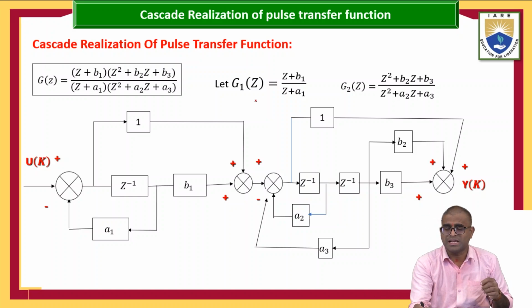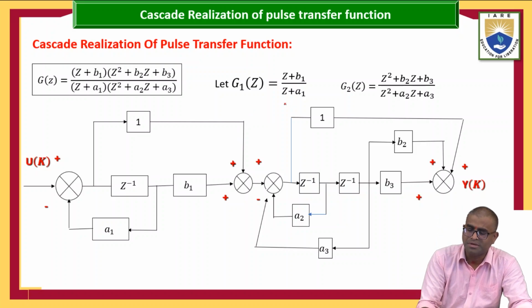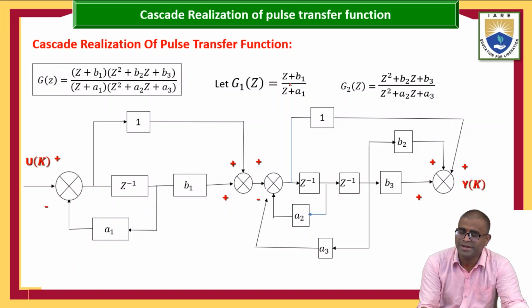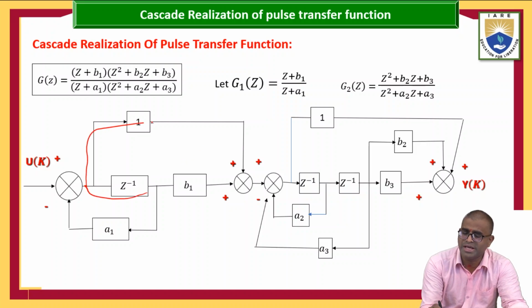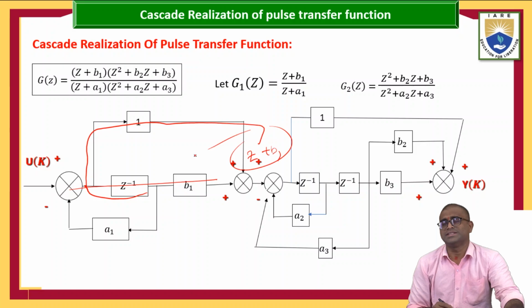Now going for cascade realization. For the first function, we already saw in the previous section that it is a first-order function, so we get Z to the power of minus 1. In the numerator, Z plus B1: Z to the power of minus 1 comes with multiplication factor 1, plus the forward path B1. That is the forward path, Z plus B1.